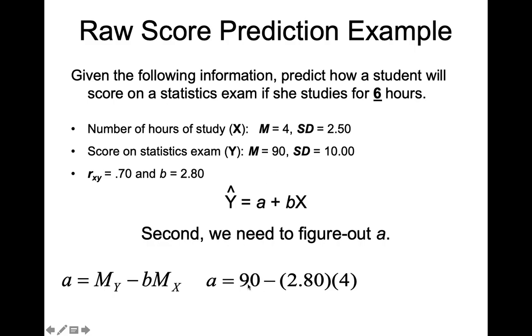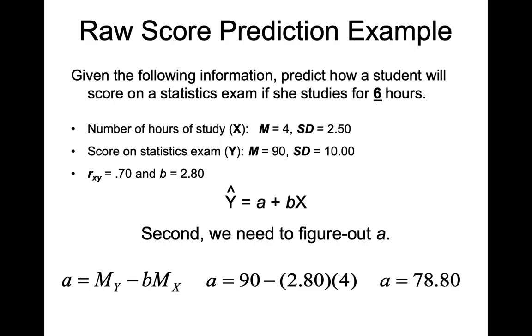We subtract our regression coefficient multiplied by the mean of x. So it's 90 minus 2.8 times 4. We figure out what 2.8 times 4 is and subtract that from 90. When we do that, we establish that the regression constant is 78.8. That also is directly interpretable.